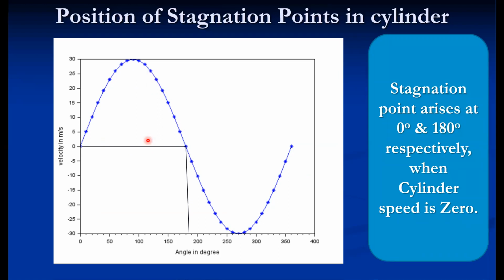For getting this variation through an analytical approach or numerical solution, we would need to do the calculations many times. In Scilab programming, within a fraction of a second, you get the value of velocity or pressure at any point on the cylinder. This is the upper portion of the cylinder, this is the lower portion, and at any point you can see the velocity. That is the beauty of writing the code or program.